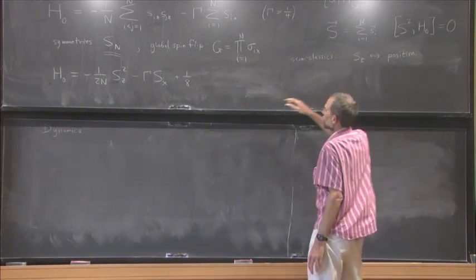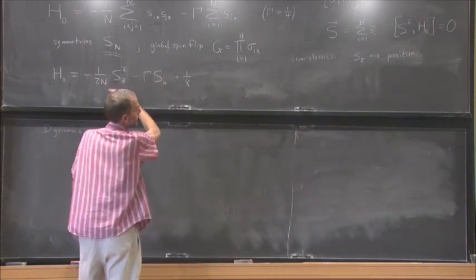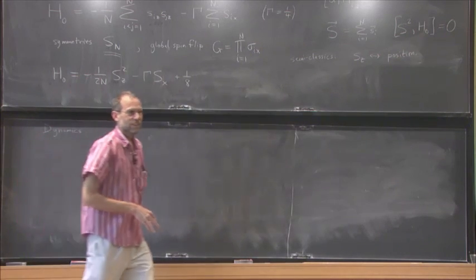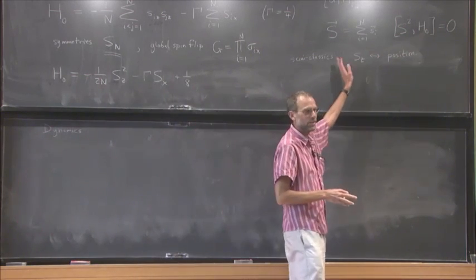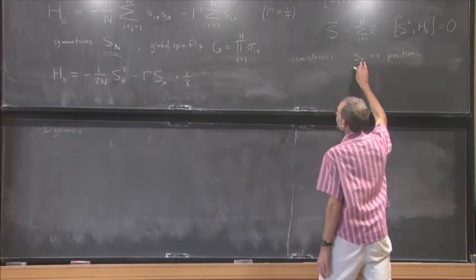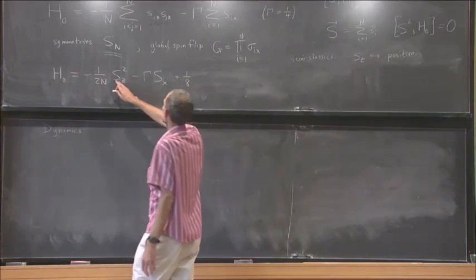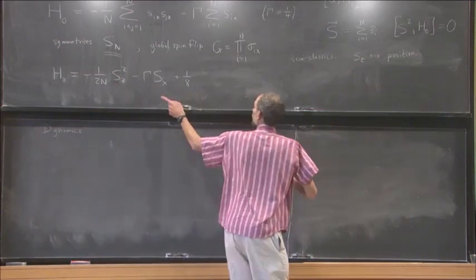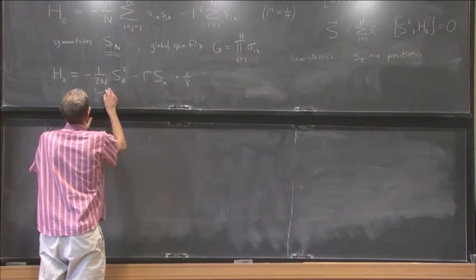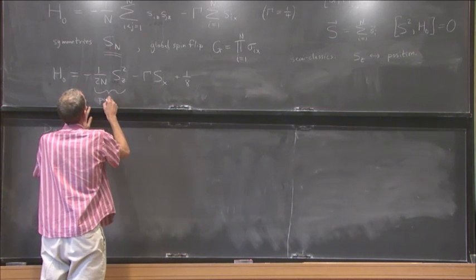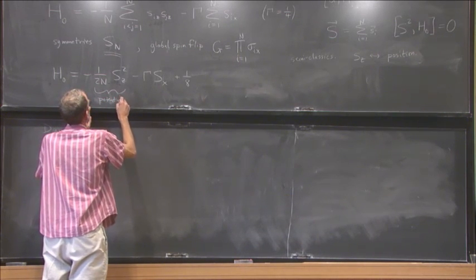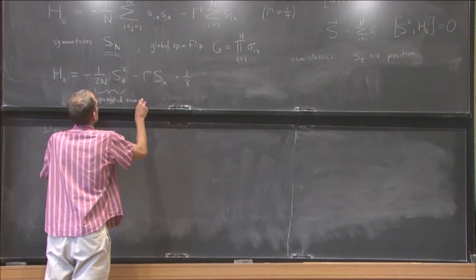The dynamics of this model we can think of as a particle moving in a potential, just to make it familiar, like semiclassics. So Sz is the position, and this here ends up being the potential energy when we do semiclassics.